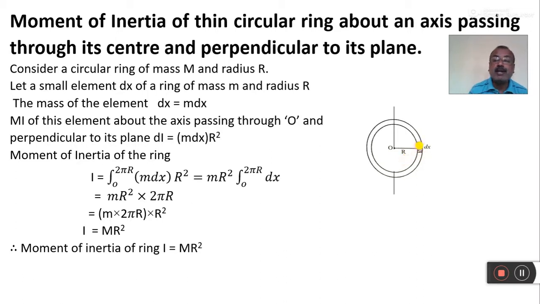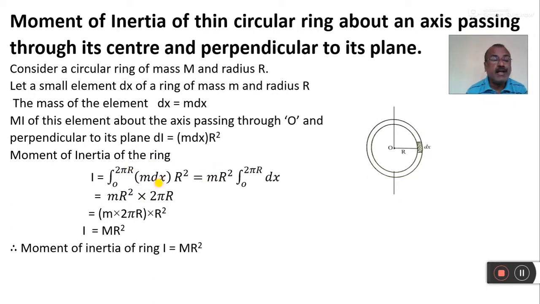If you want to determine the moment of inertia of the entire ring, we can apply I is equal to the integral from 0 to 2 pi r, where 2 pi r is the circumference.